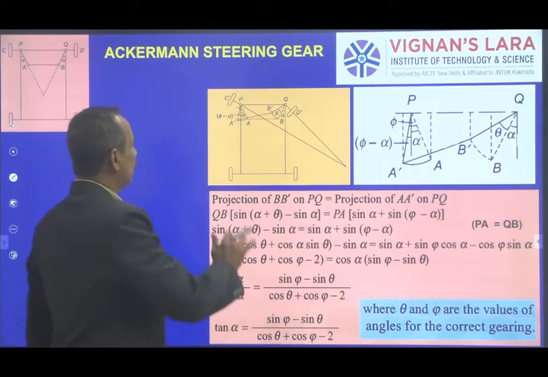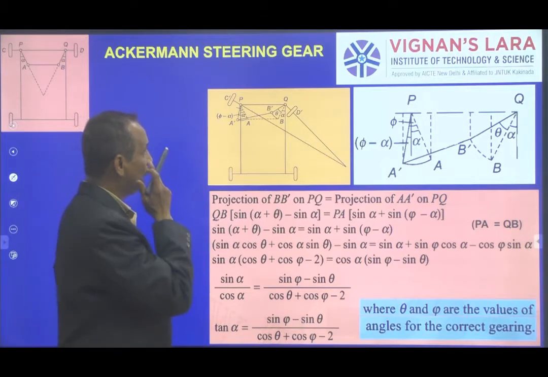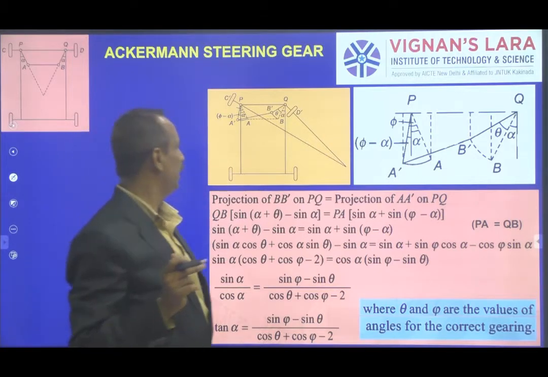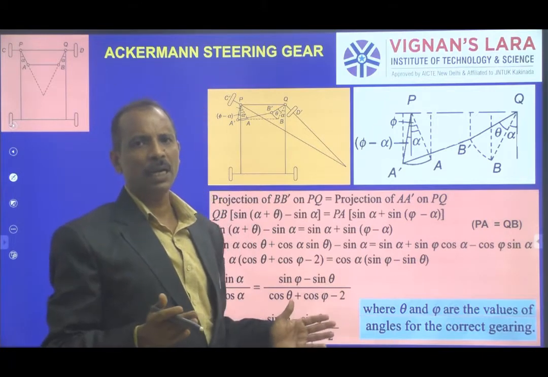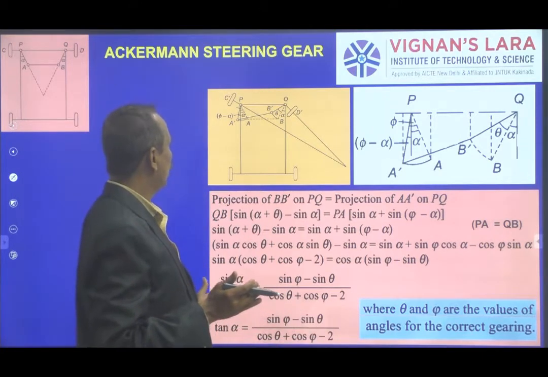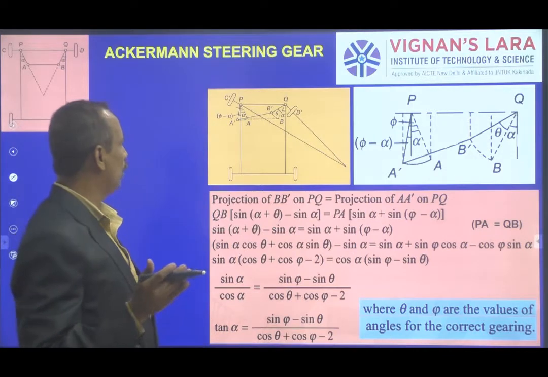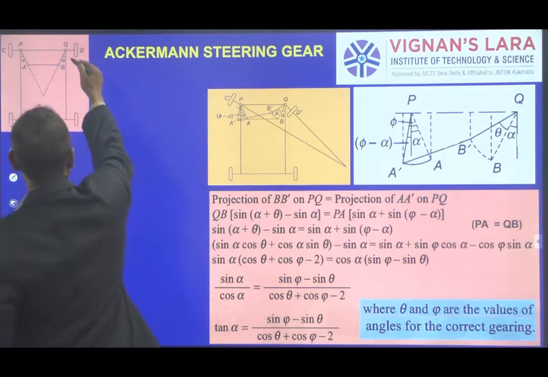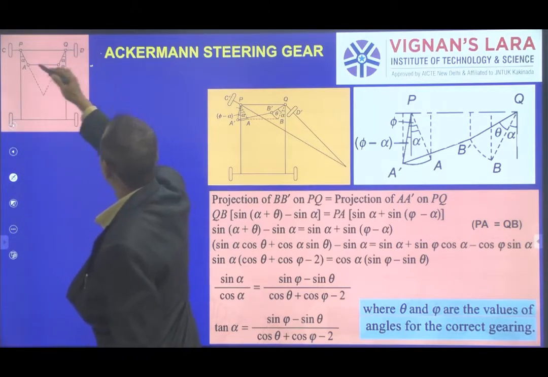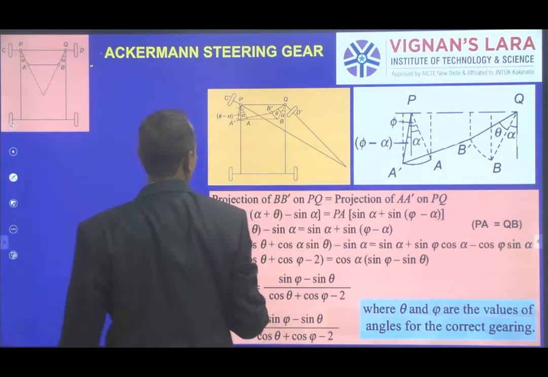Now you can see here, as per our notation, the angle made by the inner wheel is called theta and the angle made by the outer wheel is called phi. Originally, Q and P make an angle alpha with the vertical.